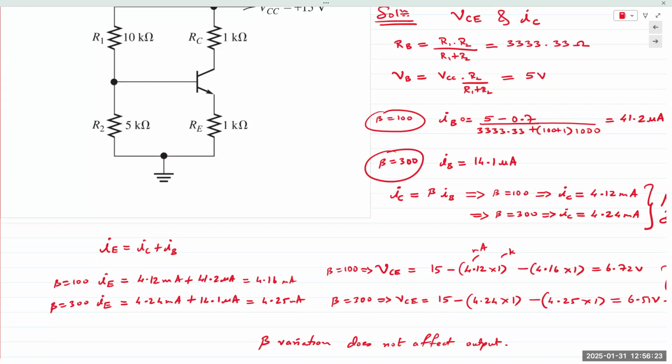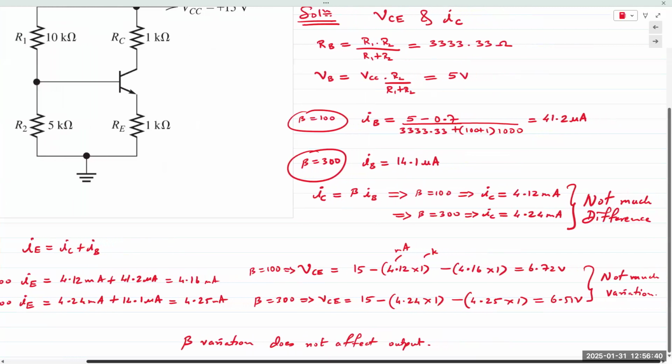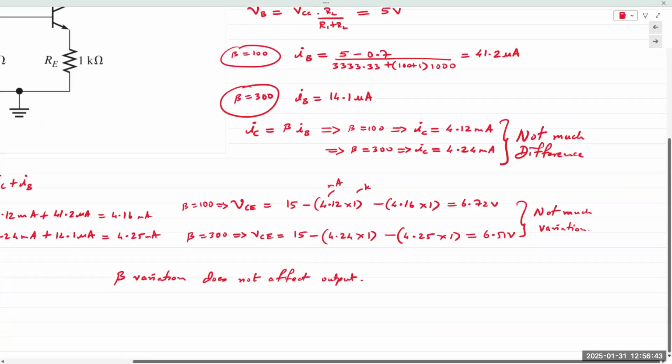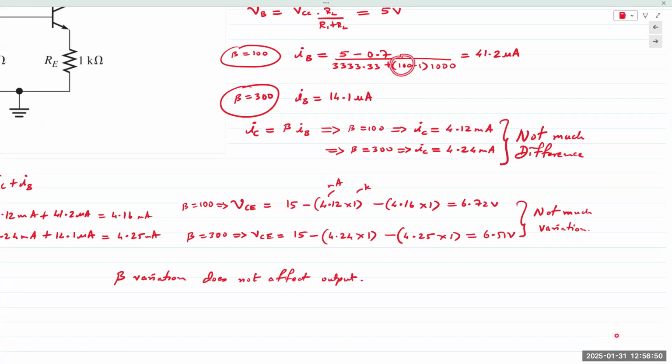If you take that transistor out and you plug in the exact same transistor, but now beta is 300, IB is reduced. IB is only 14.1 microamps. Again, same equation, different betas, 100 versus 300 gives you two different values of IB for those two different transistors.